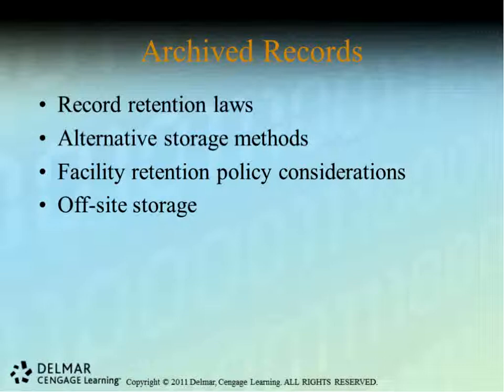So there has to be what we call a record destruction policy. And once you destroy those records, you have to have what we call a certificate of record destruction. If you look at figure 414 on page 97, there is an example of a certificate.